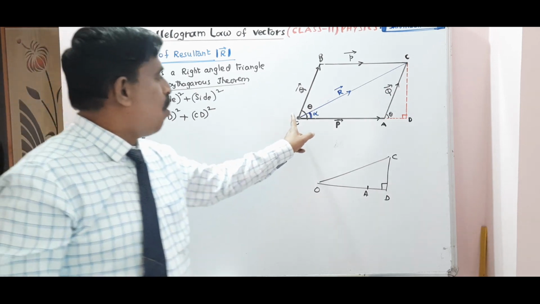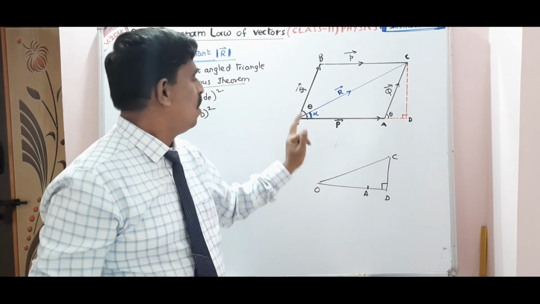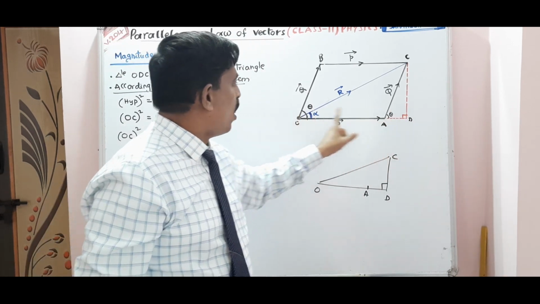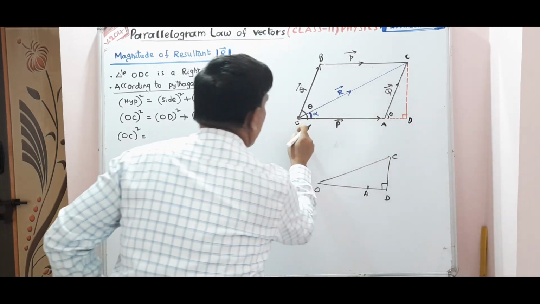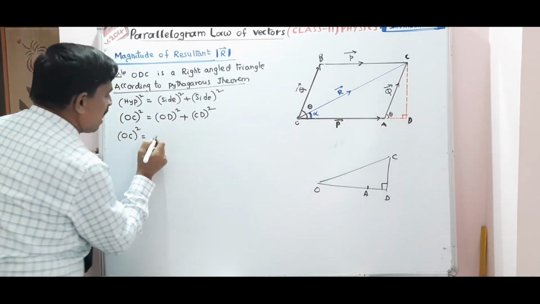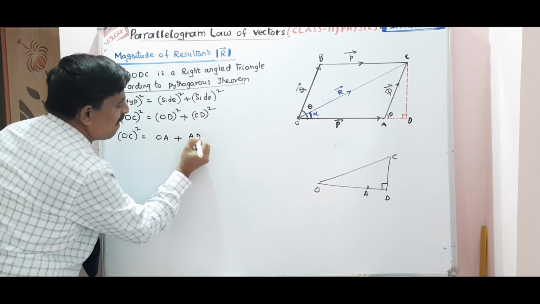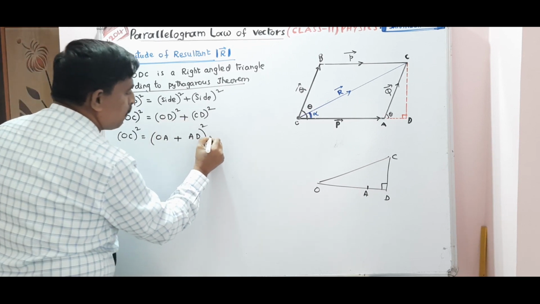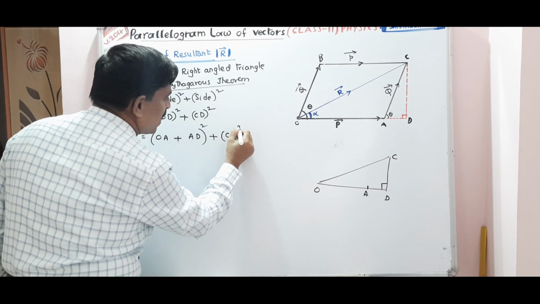Now OD can be written as OA plus AD, square, plus CD square.